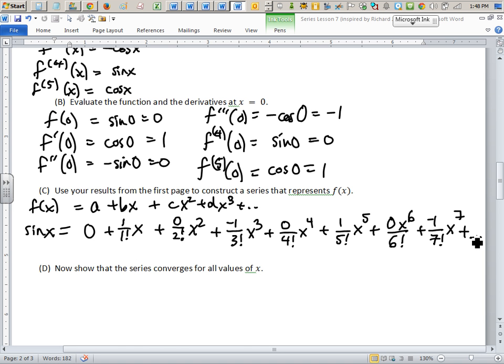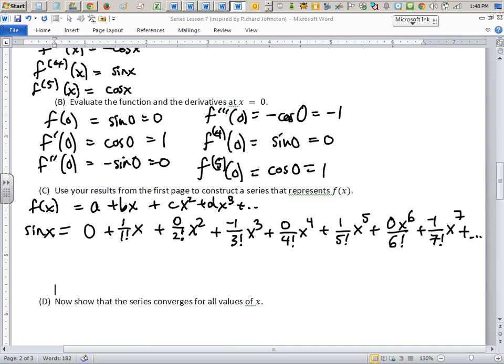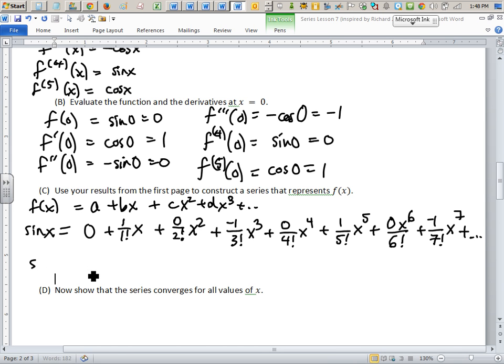Okay? So now I'd like to put all this together and see the pattern more clearly. The pattern is actually not very hard to see at all. It's definitely odd everything, right? So you could say that sine x is the same as x minus 1/3 factorial x cubed plus 1/5 factorial x to the fifth.